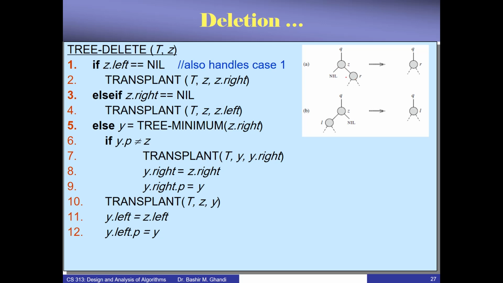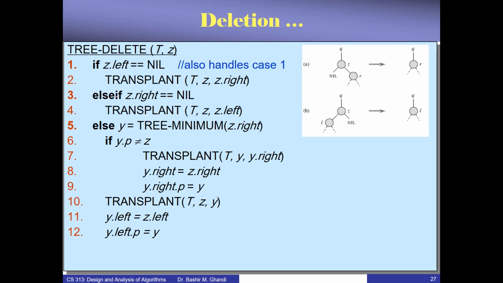In that case, all we have to do is replace Z with the only one child. So that's what we are saying here. Transplant Z with Z dot right. This is Z dot right. So replace Z with the right child.